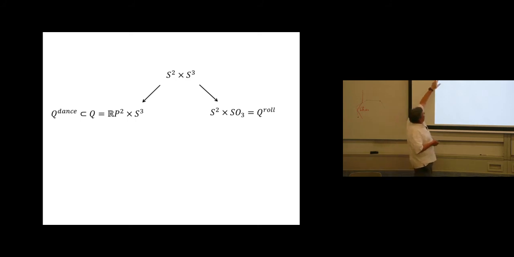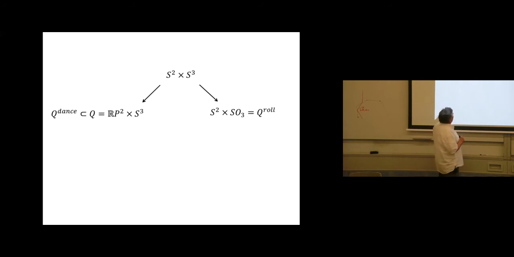You see this configuration space of dancing pairs is an open dense subset of this projective quadric. This projective quadric is naturally acted on by G2. The distribution can also be defined in the language of octonions, so it's automatically invariant under G2.